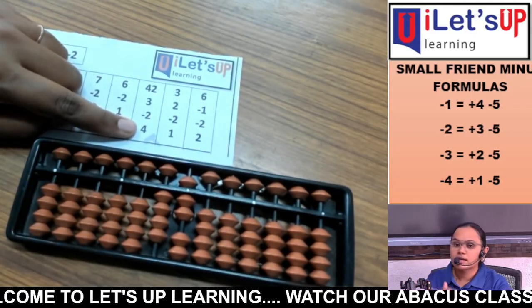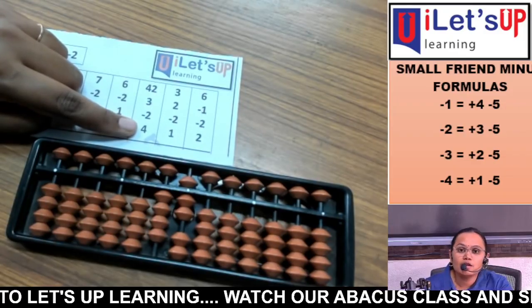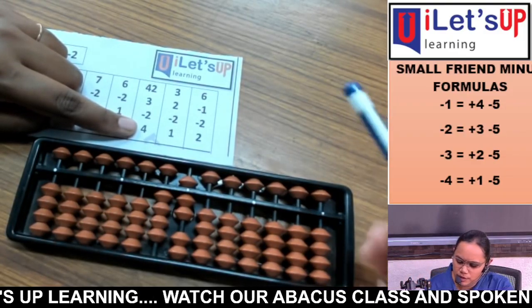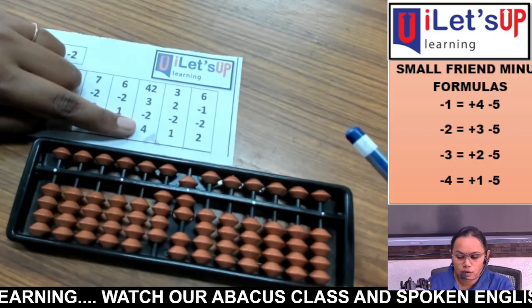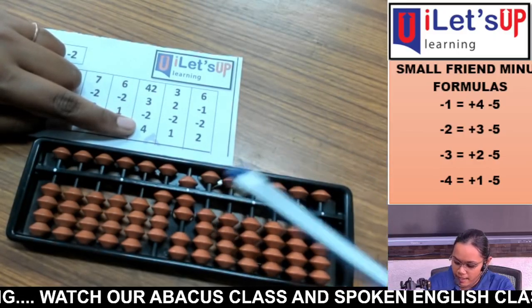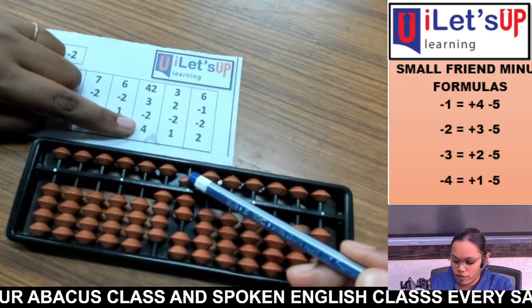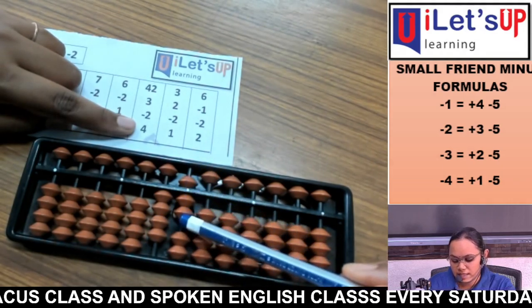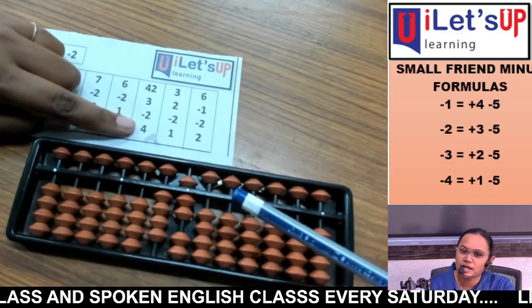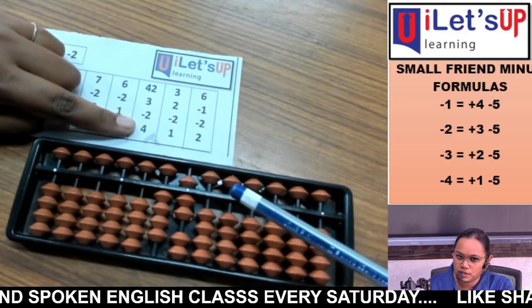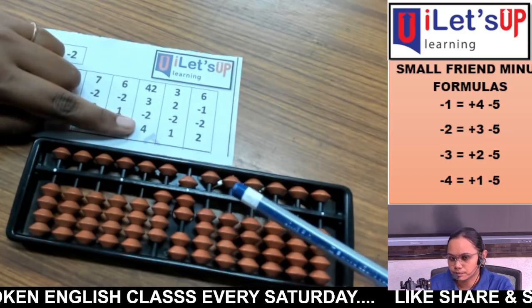It says subtract 1, add 5. That's it. Very simple. So here we got our answer as 10, 20, 30, 40, 45, 46, 47, and hence my answer for this question is 47.